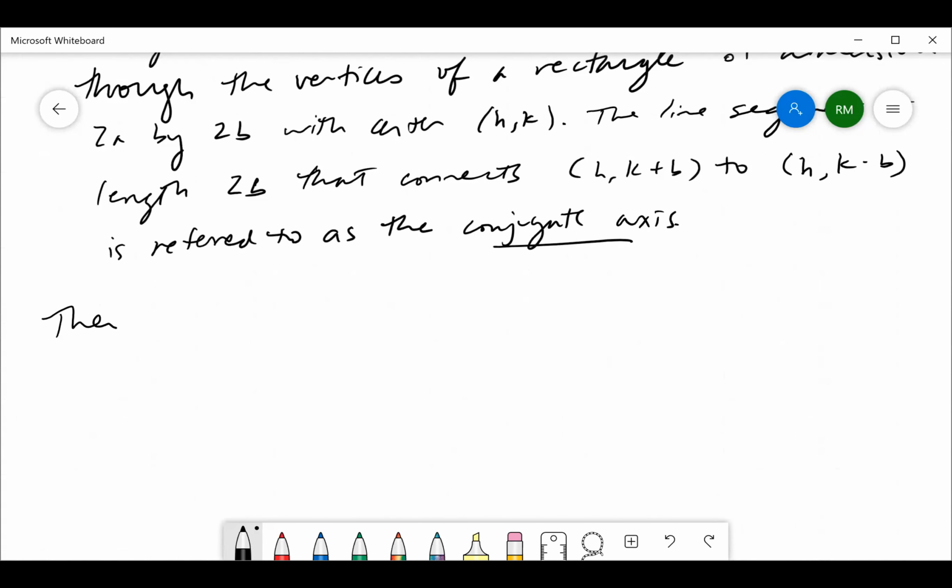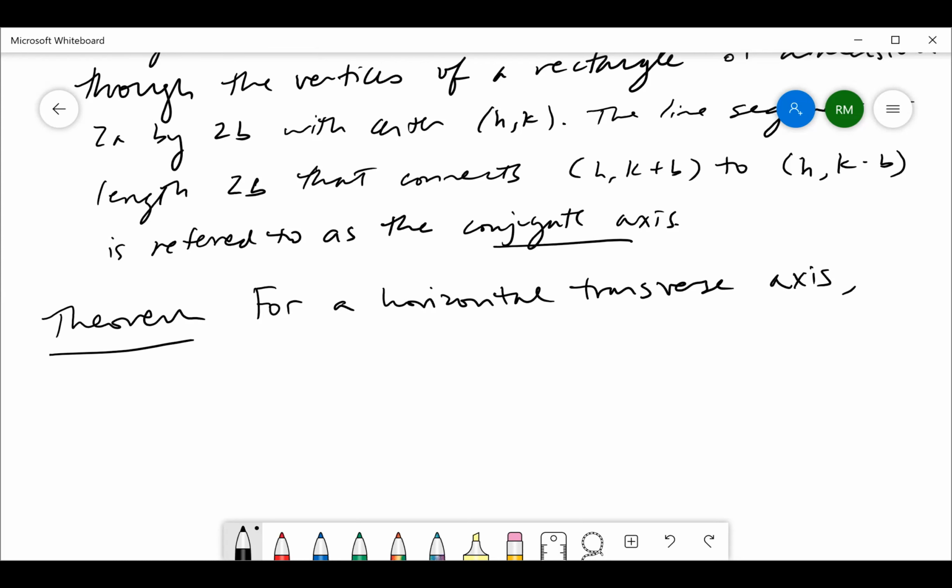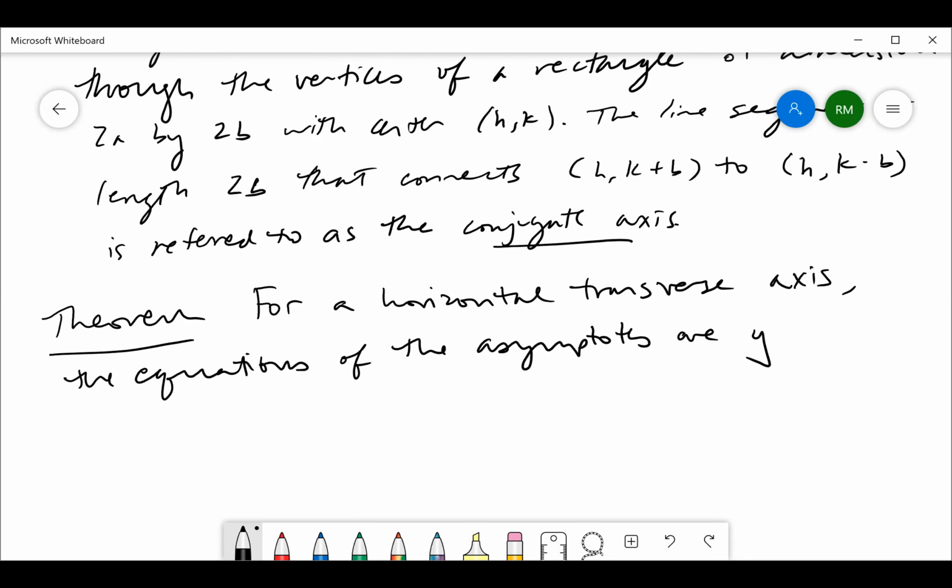So what this tells us is, for a horizontal transverse axis, the equations of the asymptotes are y equals k plus b over a times (x minus h), and y equals k minus b over a times (x minus h).